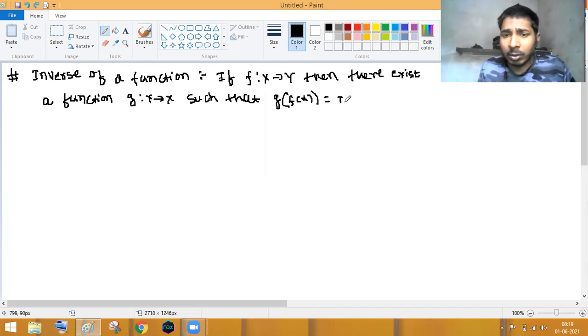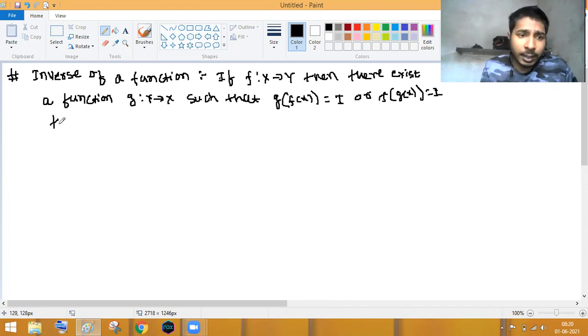या तो आप ऐसे लिख सकते हो. This is also equal to what? f of g x. यहाँ पे ऐसे लिख लो. Simple. Identity function, or f of g x equal to identity function.